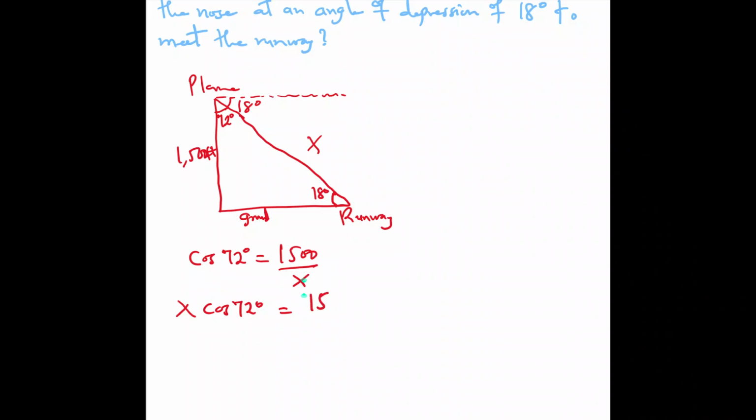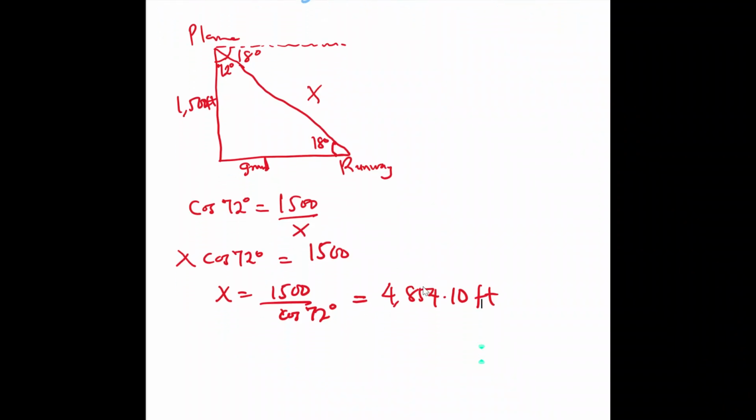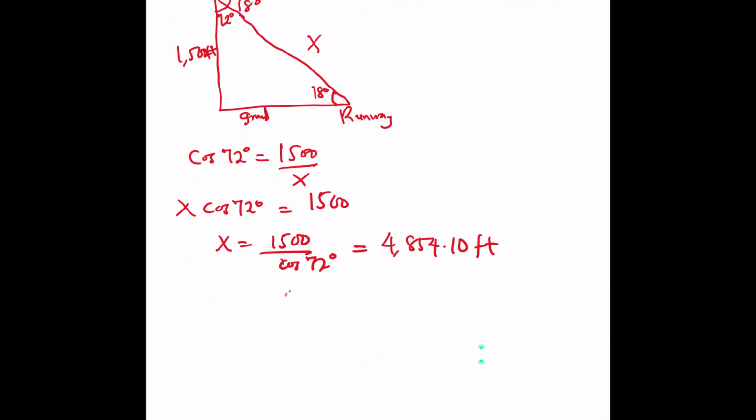Let's cross multiply: x cos 72 degrees is equal to 1,500, so x is equal to 1,500 divided by cos 72. In that case we get 4,854.10 feet, which is approximately 4,854 feet.